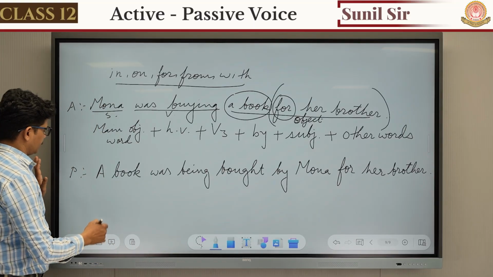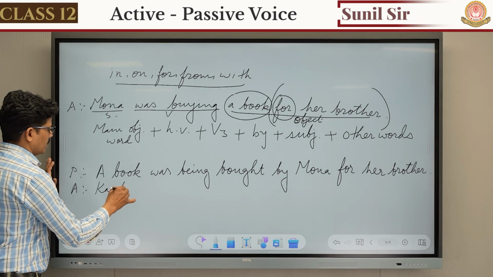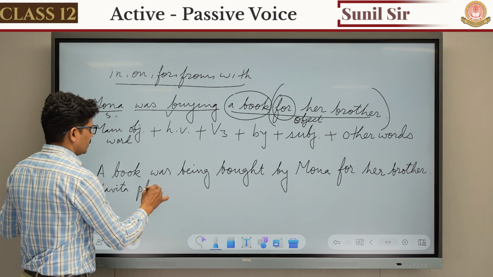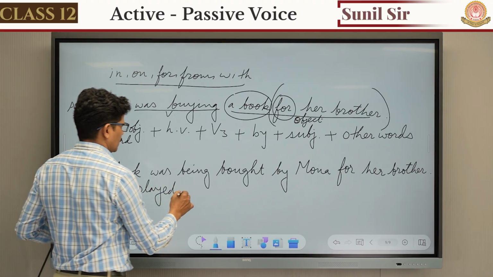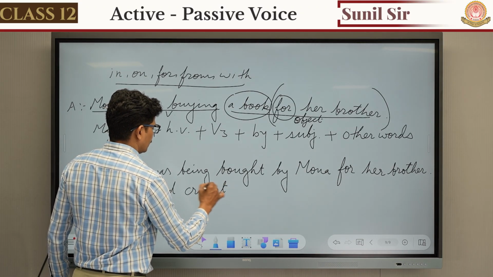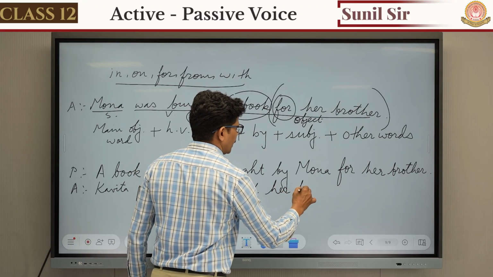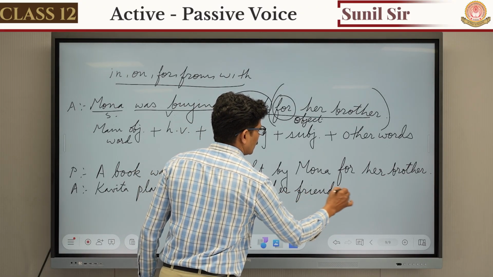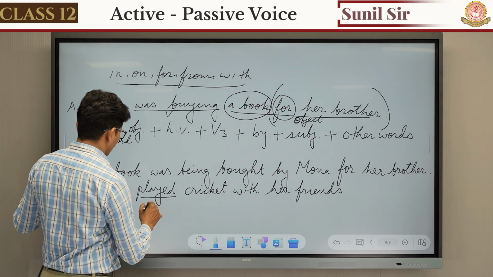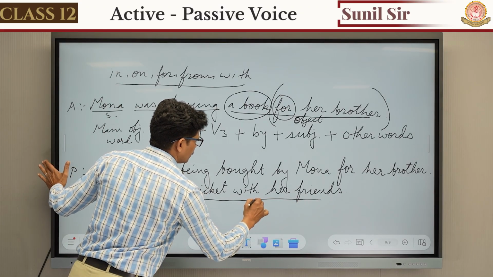One more sentence. Kavita played cricket with her friends. Kavita is the subject, played is the verb, and everything else is the object.